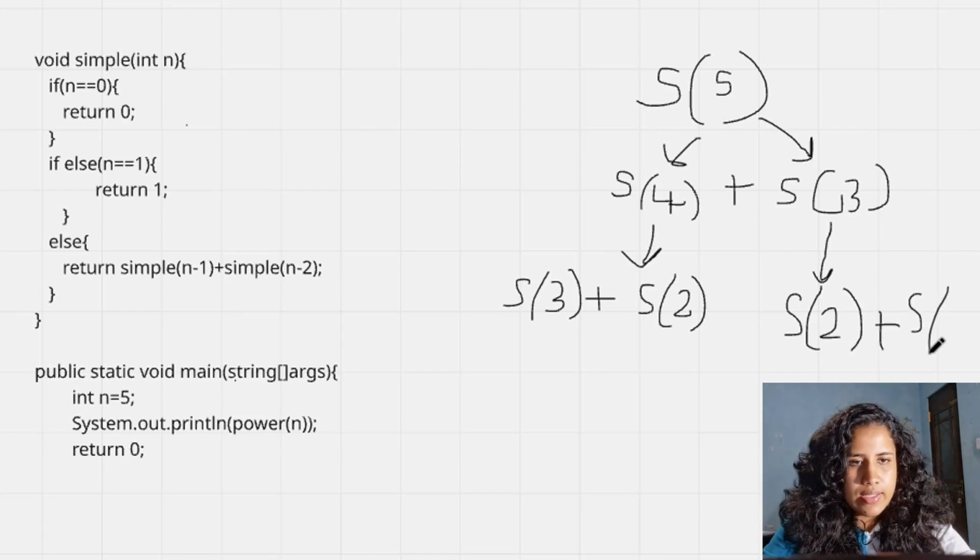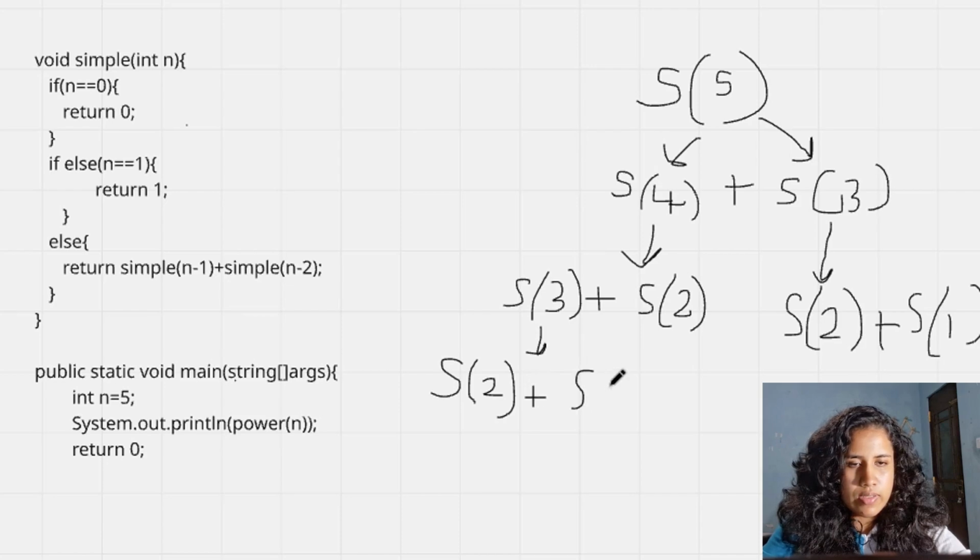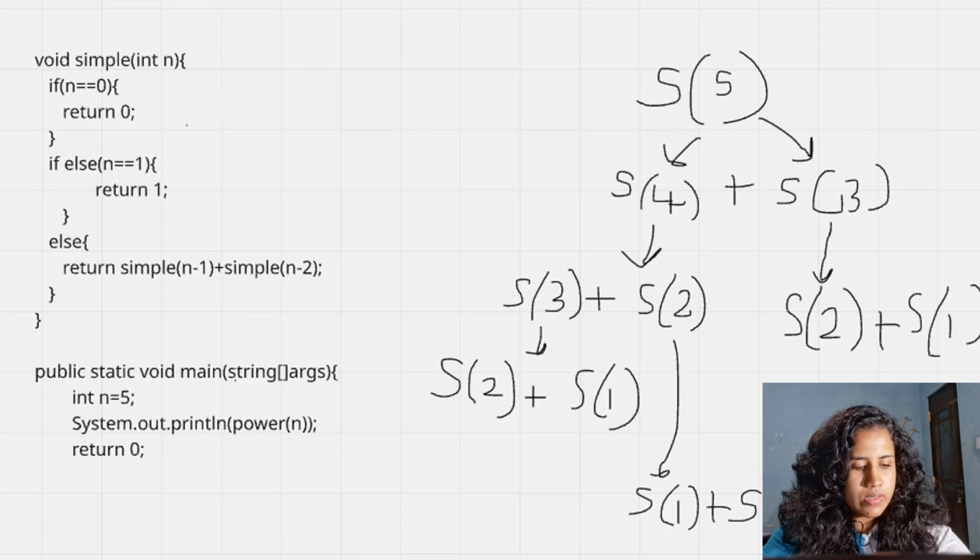So same likewise here. S of n minus 2 plus S1, here it will give us S1 and S0, and here it will also give us S1 and S0.